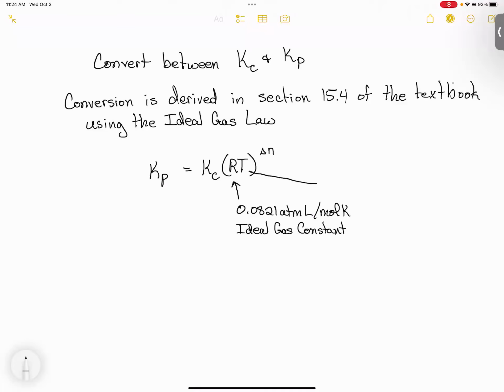The T is going to be our temperature in Kelvin. And the delta n stands for change in moles.